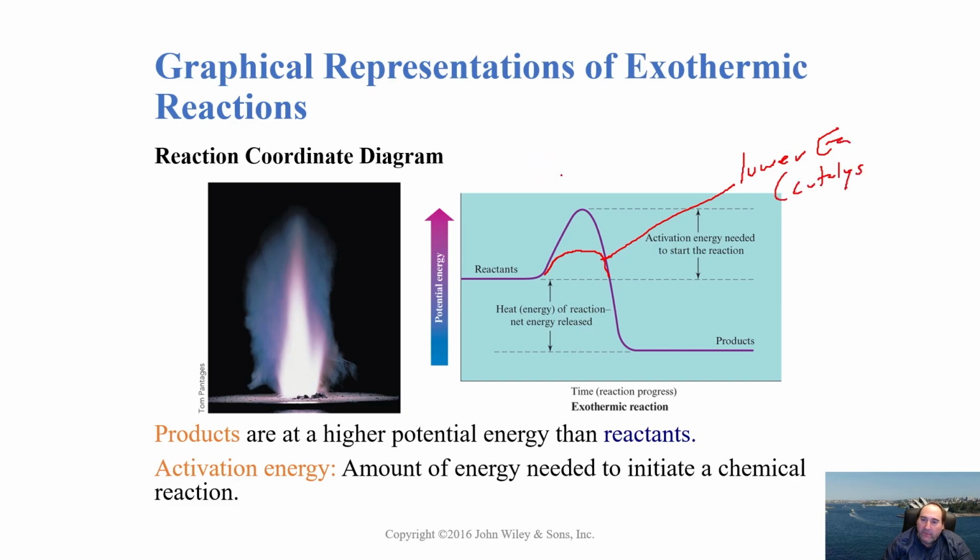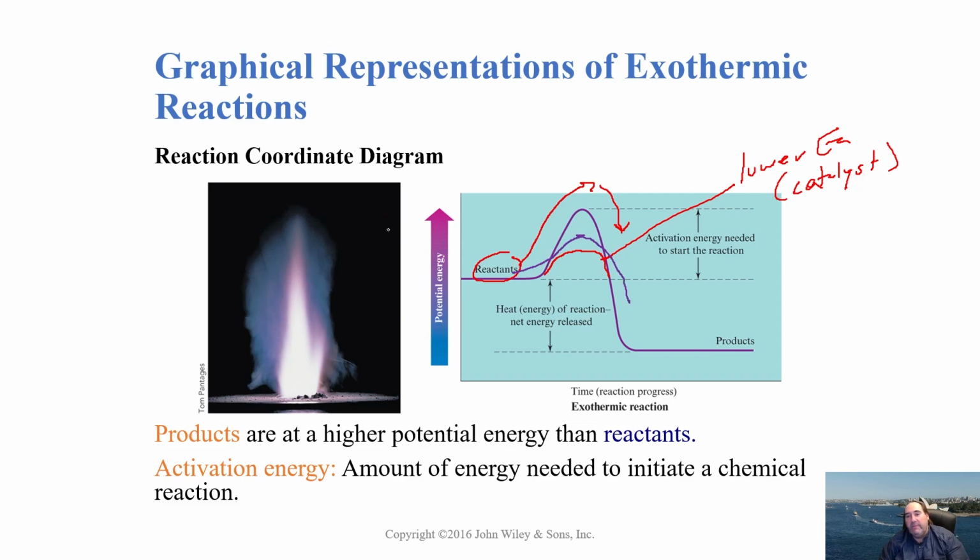A catalyst is present. And what that means is instead of these reactants having to climb all the way up this hill before they could come back down, in the catalyzed reaction, because they find a more efficient pathway, the reactants just have to climb this hill and come back down.